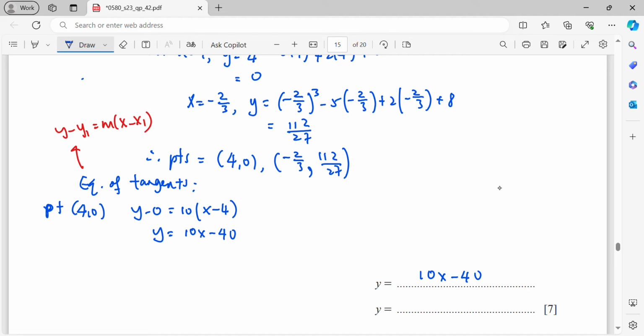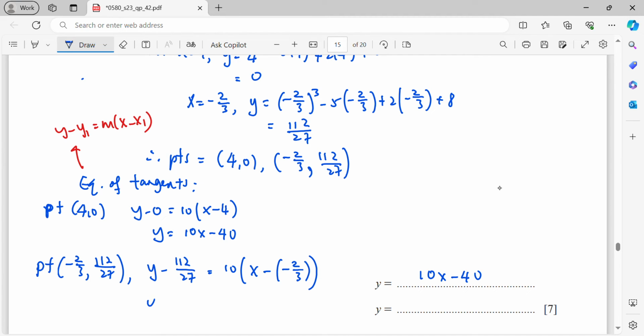And then for my point, (negative 2 over 3, 112 over 27), my y minus 112 over 27 equals, the m is 10, times (x plus 2 over 3). Then here you do expansion, I'll get 10x, minus minus is a plus, so 10 times 2 over 3 will be 20 over 3.